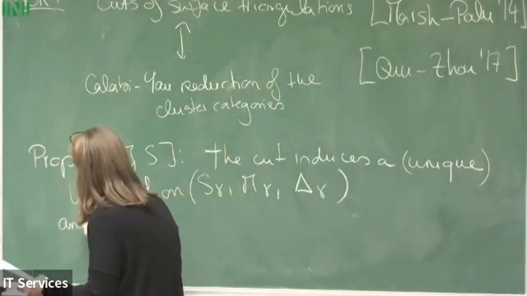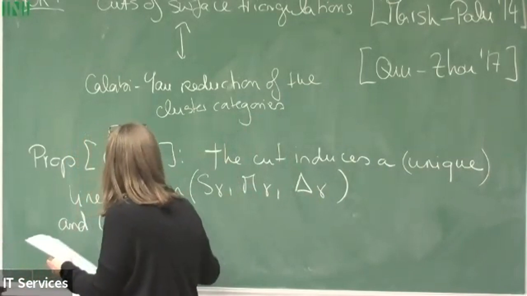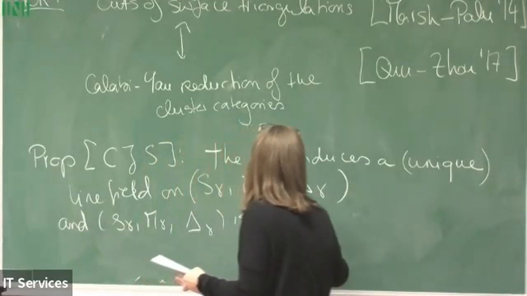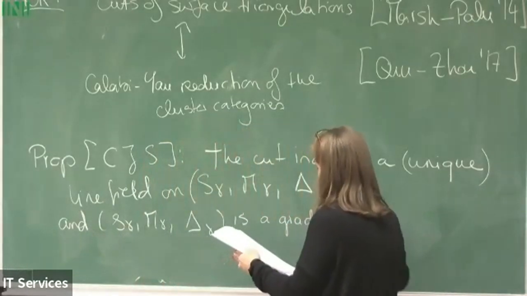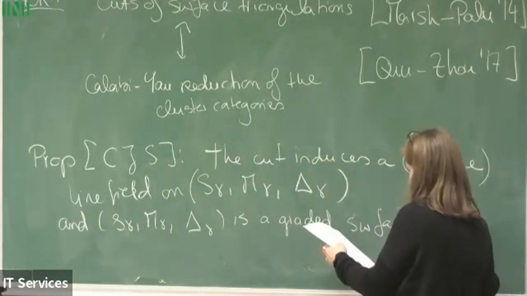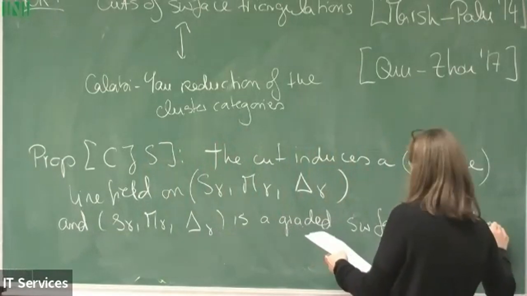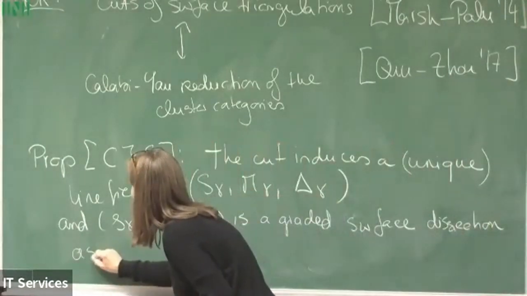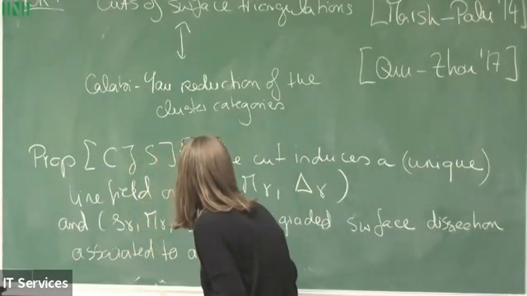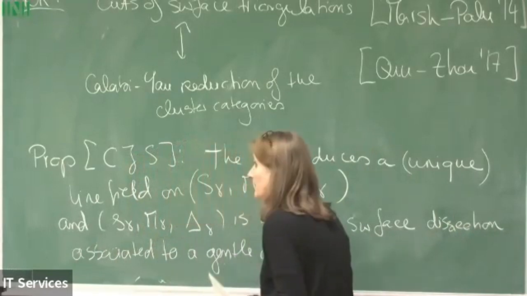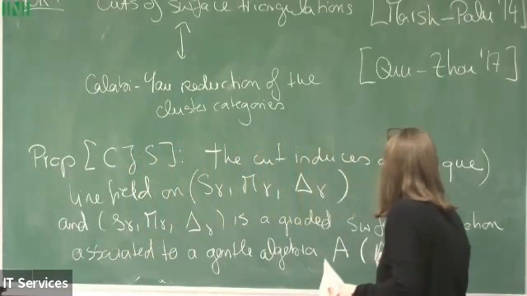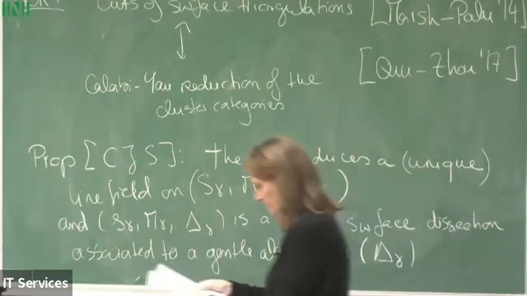And furthermore, S gamma, M gamma, delta gamma is again a graded surface dissection of the good form, meaning that the polygons are of the two types that we want. It is a surface dissection associated to a gentle algebra. And let's call this gentle algebra A delta gamma.